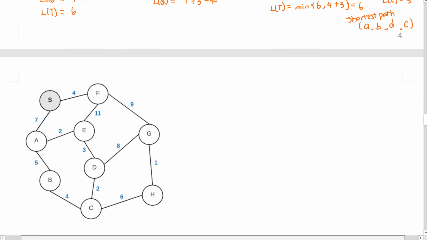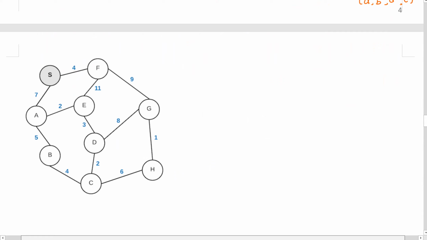All right. Okay, so pick any two vertices that you want to go from which to which. What do you want? How about from S to C? Okay, so the first step, L(S) is 0.